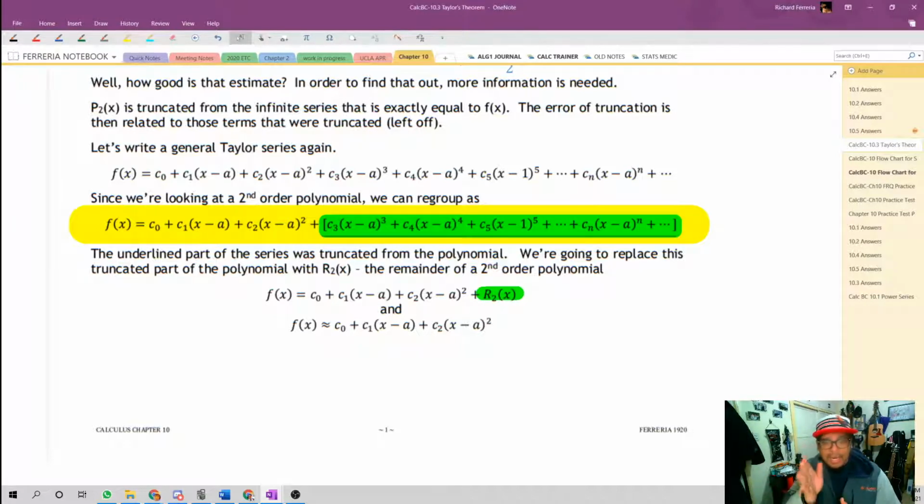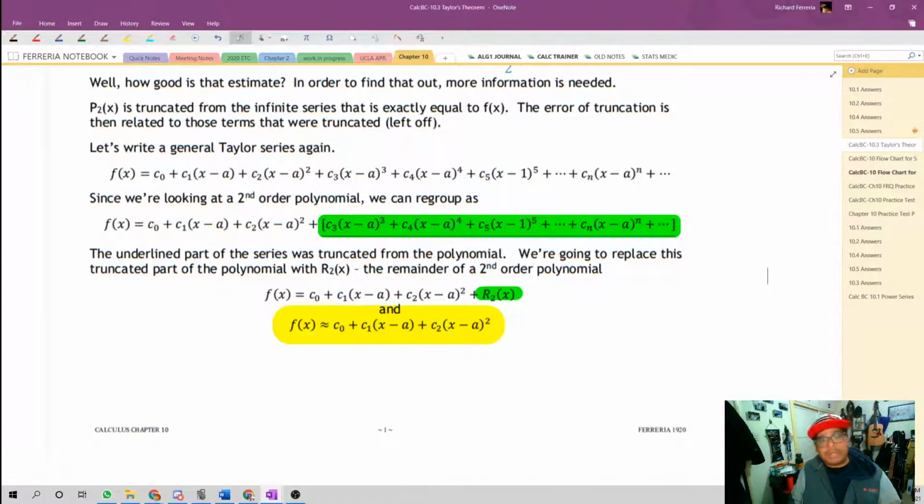And if we decide not to use R2, let's say we take that off, then we get an approximation of the function. Now we've been kind of doing that already, just without talking about it, but I want you to appreciate the difference: if you have the infinite series, you have an exact equality.